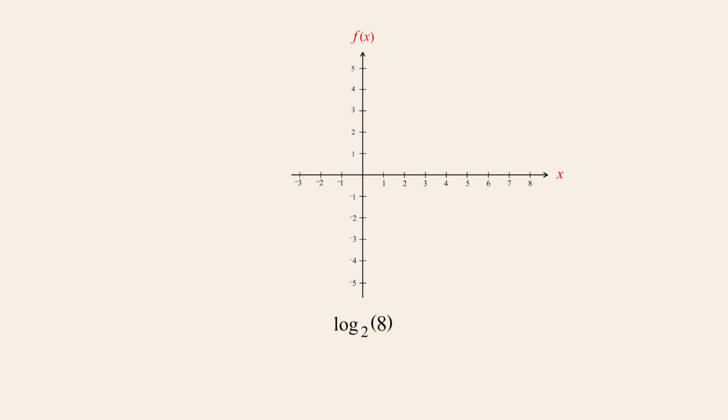Since the log's base is 2, we ask what power of 2 is equal to 8. Since 2 cubed is 8, the value of log base 2 of 8 is 3. Graphing this result, when x is 8, the function has a value of 3.